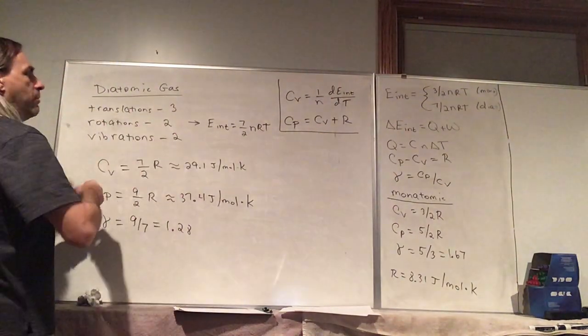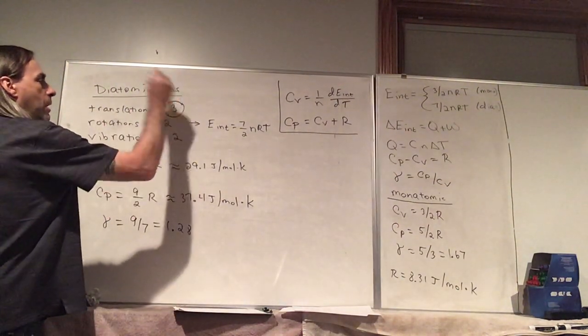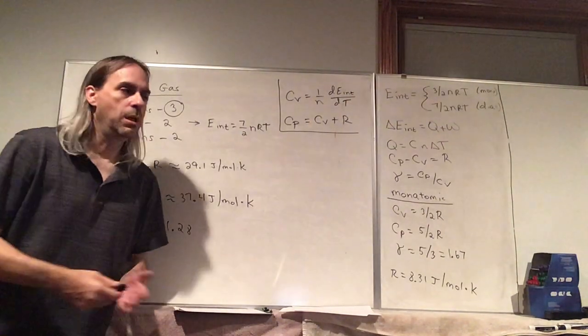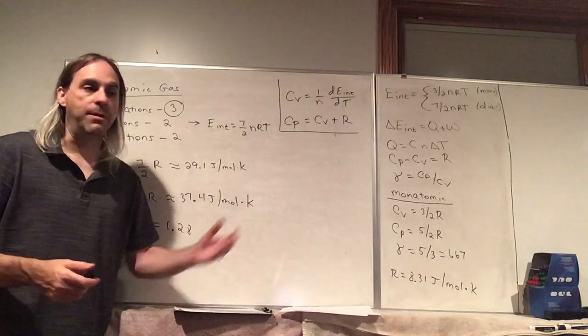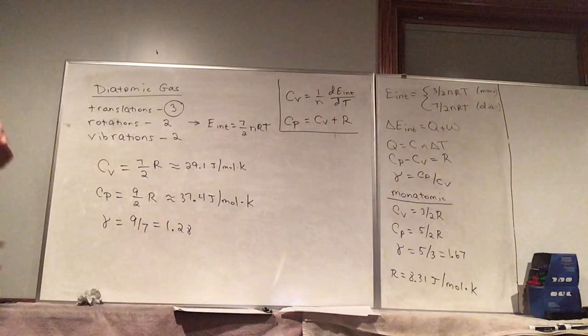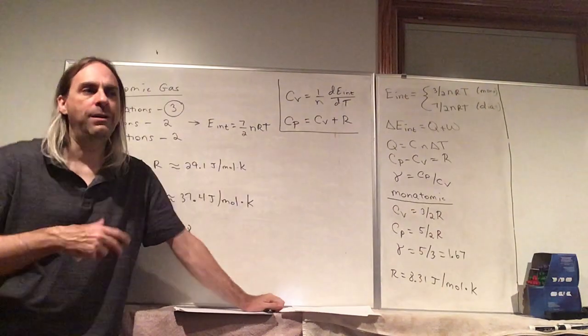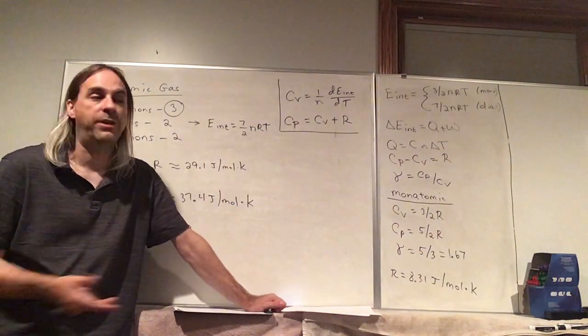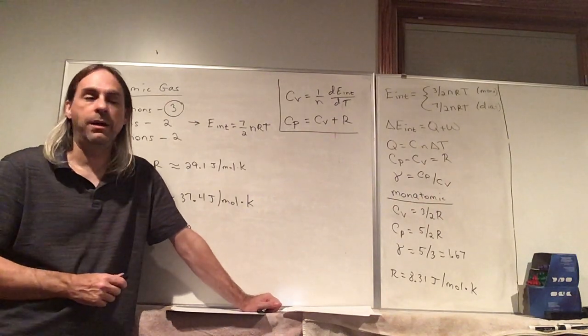Things can move, so we shouldn't have a problem with these translational degrees of freedom. We know that these gases are going to be moving around. These molecules are going to move. They're going to have 3 degrees of freedom. And what about these rotations? And again, we haven't really studied quantum mechanics, but the name itself kind of might give you an idea.